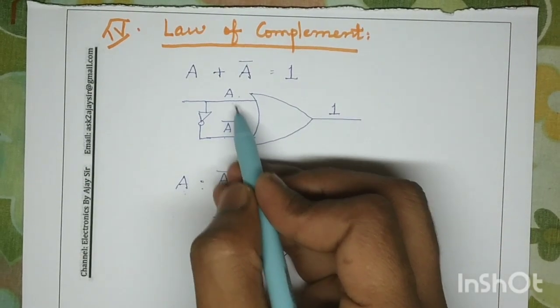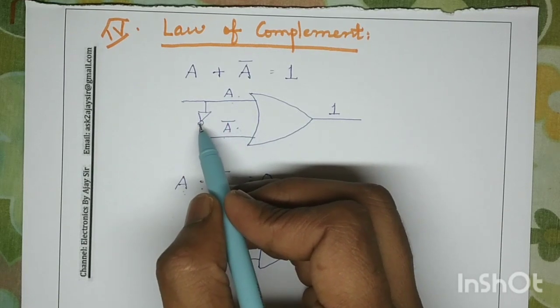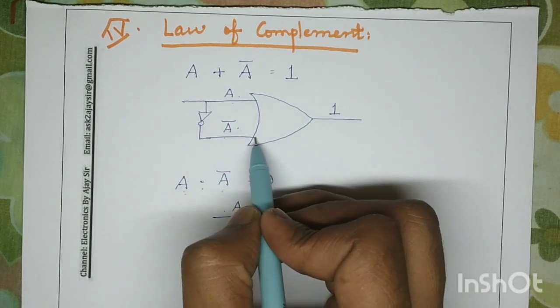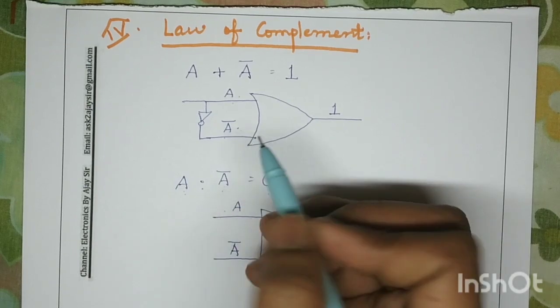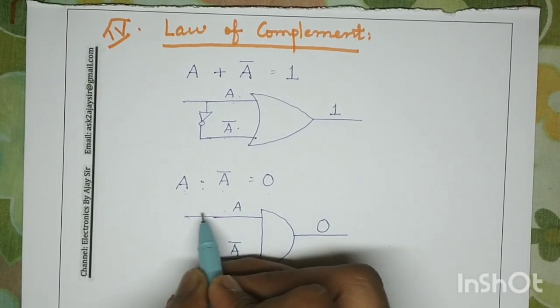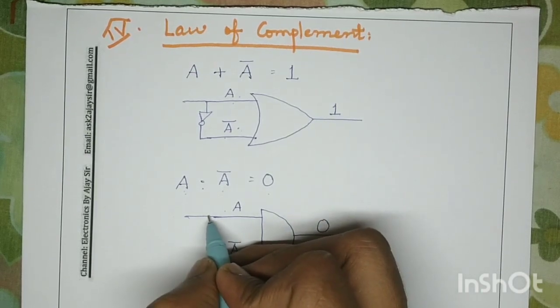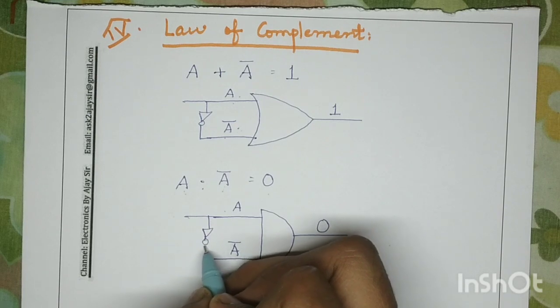So similarly, to generate A bar from A, we passed signal A through an inverter, generated A bar and supplied it wherever A bar is required. Similarly, in this circuit, we have the original signal A. In order to generate this complement signal A bar, we will connect an inverter circuit like this.